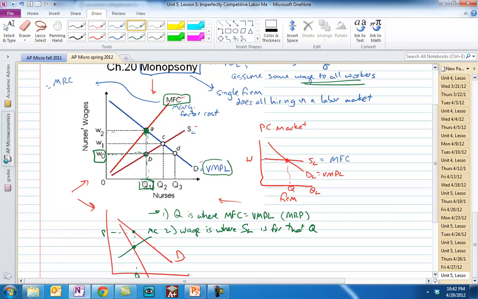One more thing we'll do with this, let's compare to what if this firm were operating in a perfectly competitive labor market. The market supply and demand would be what would determine the wage. So the wage would be W1, and the quantity of labor hired by the entire market would be Q2.